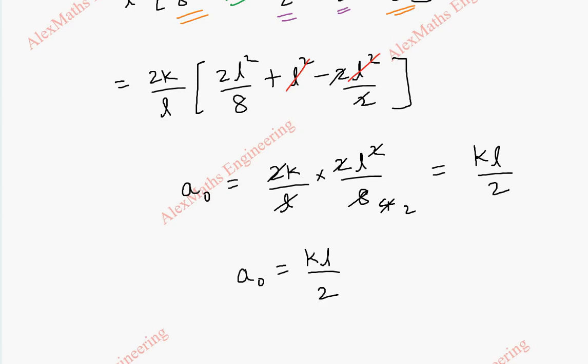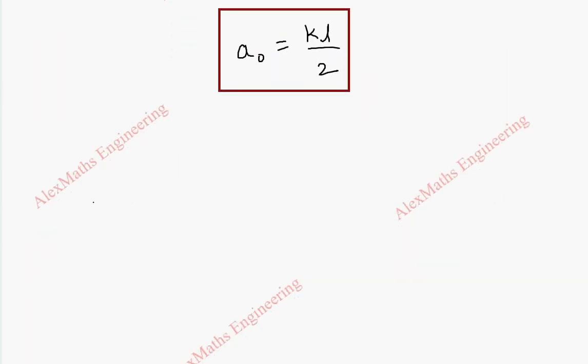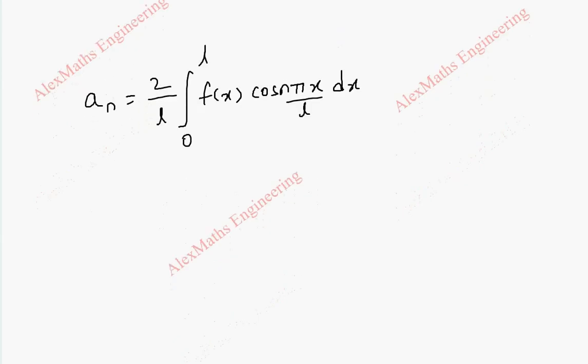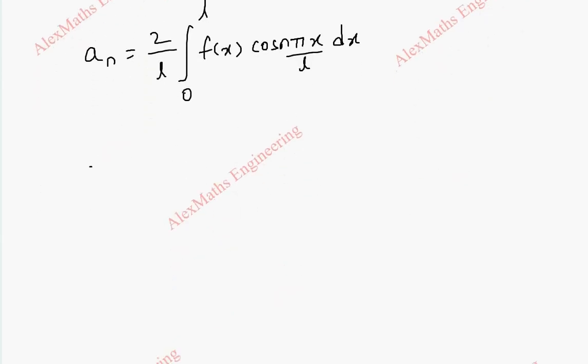Now we are going to find a_n. Coming to a_n, our formula is 2/L integral 0 to L f(x) cos(nπx/L) dx. Now we are going to split this into two parts.